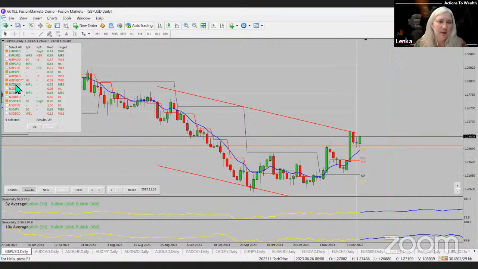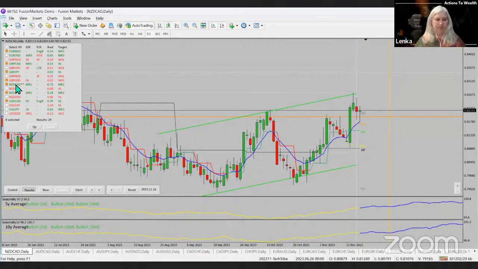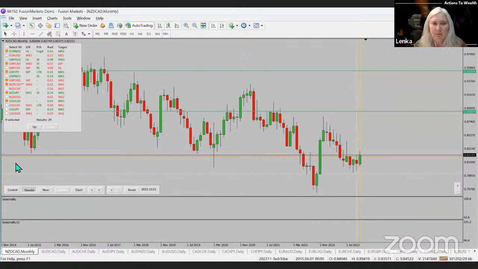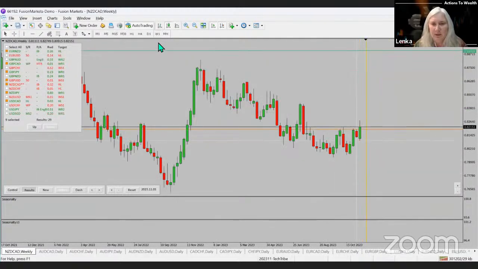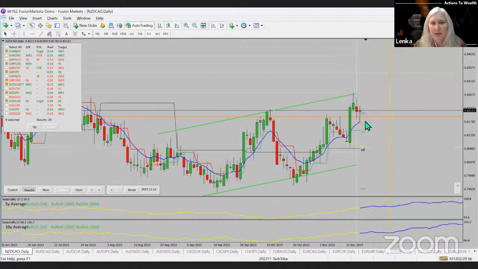Okay, New Zealand CAD. Looking for long opportunities on New Zealand CAD. So we're back above that previous level of support, so looking for that price action to continue up, and then looking for some kind of pullback.